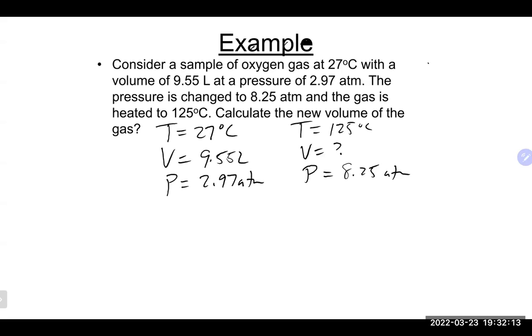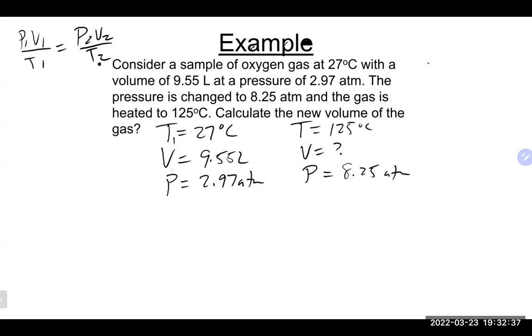Just by writing it out, it should resemble the combined gas law that we just talked about. Clearly, none of the other formulas would work, right? There are no other ones that have all three of those variables together. So we definitely want to use P1 V1 over T1 equals P2 V2 over T2. We could even check off everything.